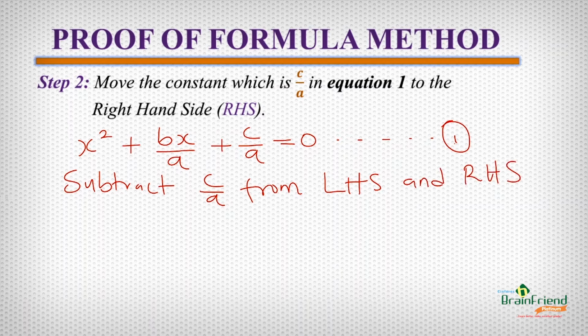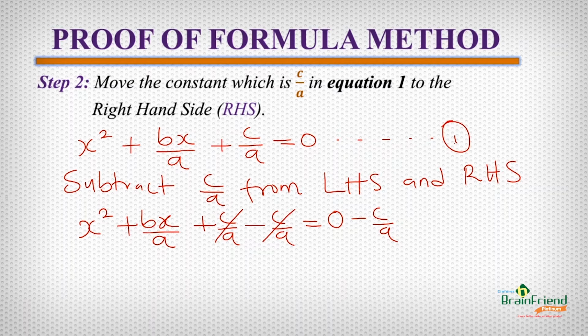When we do that, we would have x squared plus bx over a plus c over a minus c over a equal to 0 minus c over a. Right? So c over a will cancel c over a because anything subtracting itself will be 0.